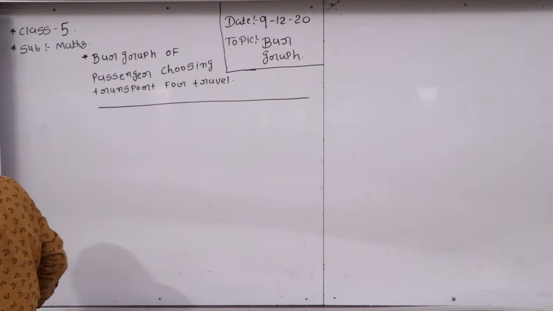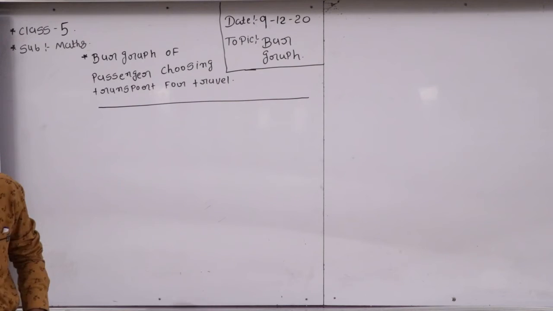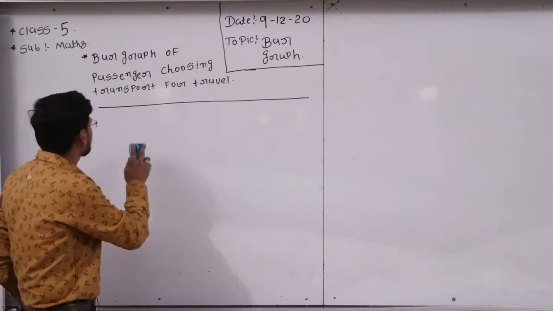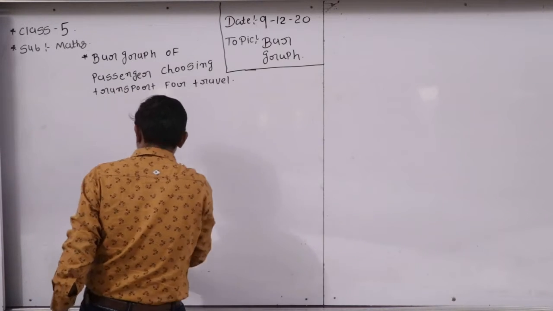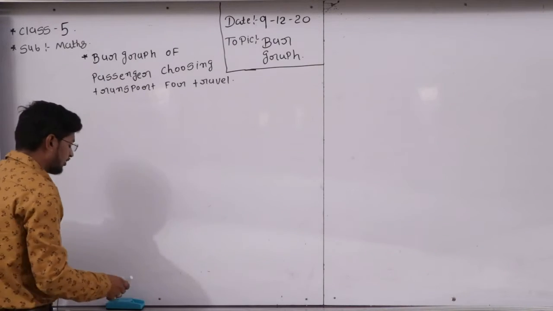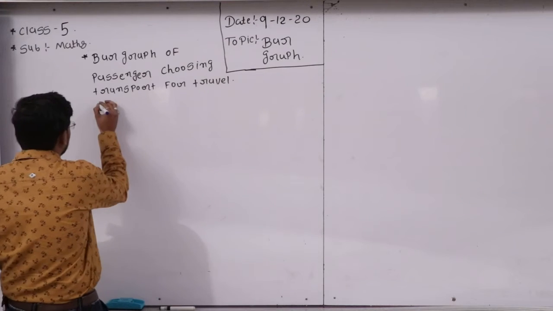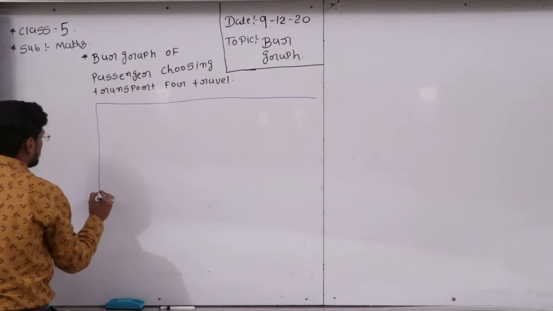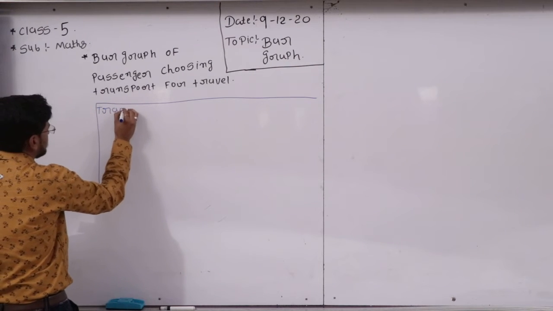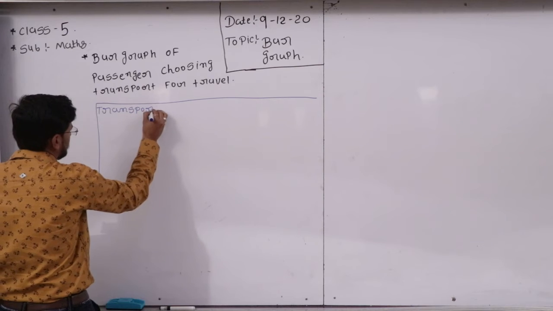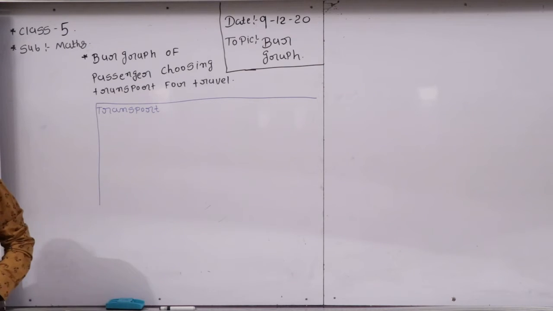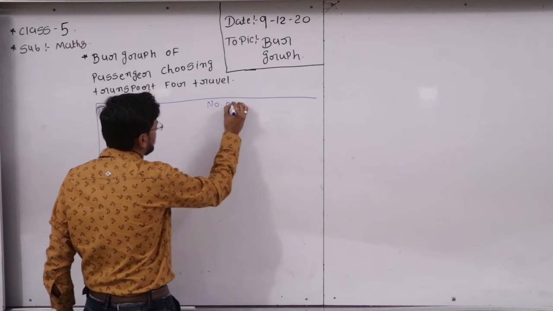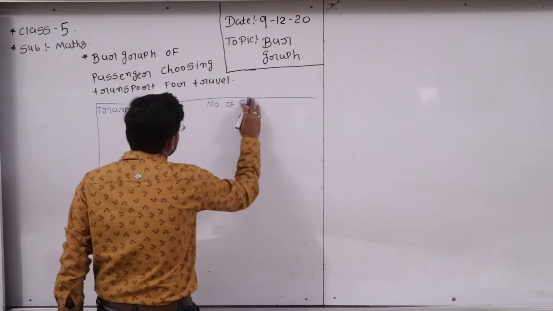First column is for categories of transport and the second is for number of passengers.